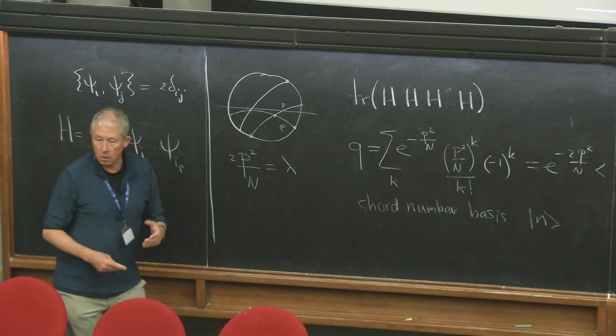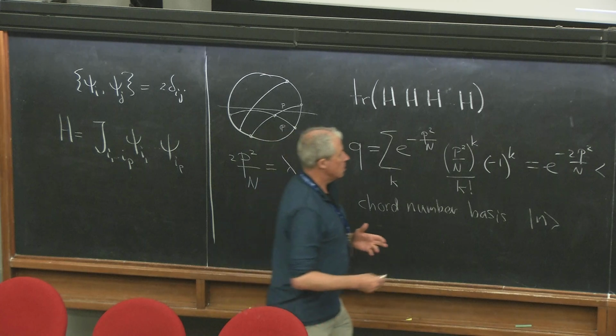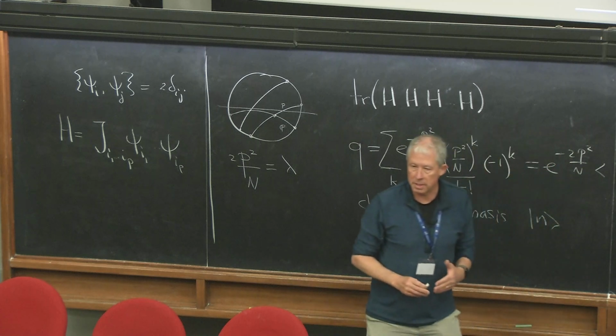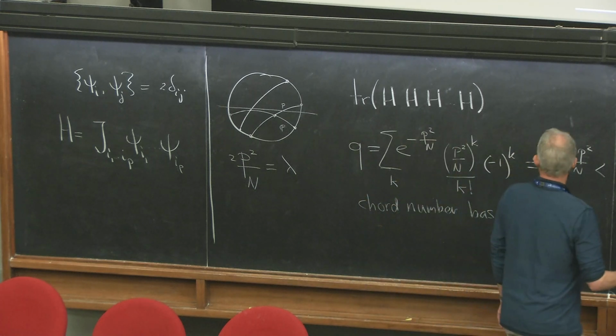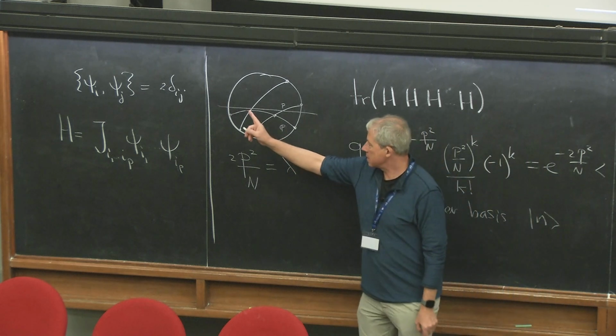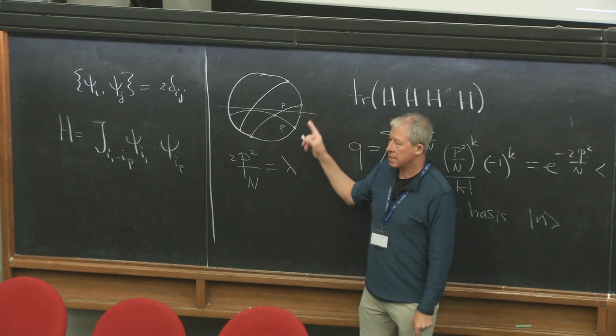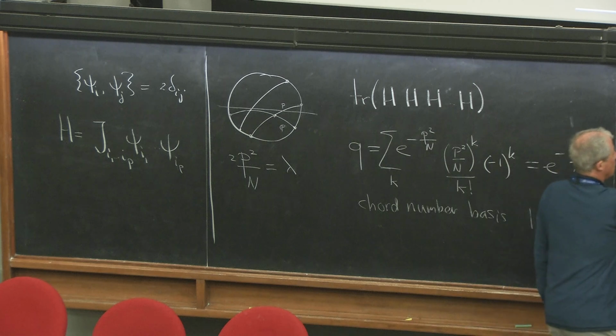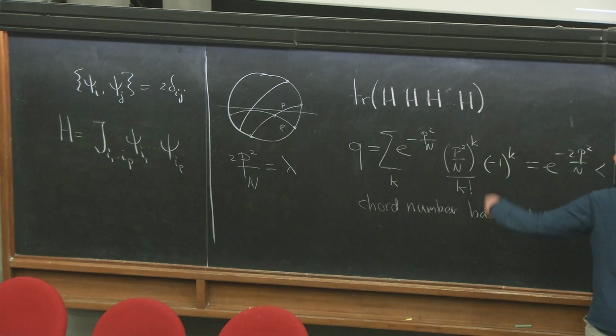And then what we want to know is how does the Hamiltonian act on this chord basis. And now what we're going to do is we're going to basically think about this horizontal direction a little bit as a time direction. So let me straighten out that half circle like this.